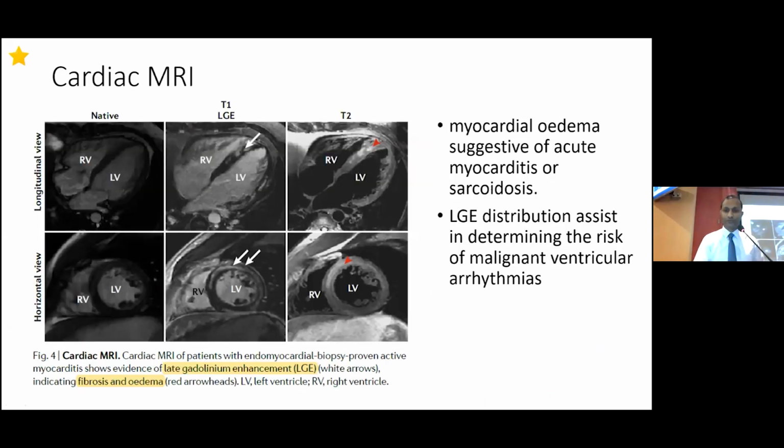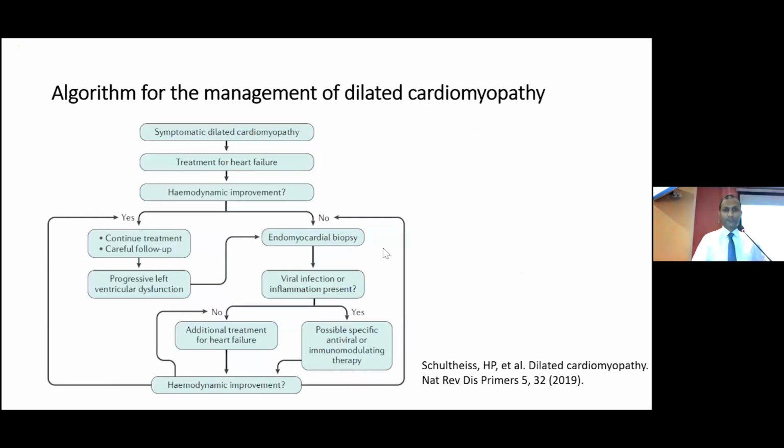Cardiac MRI is very crucial, but usually we do not have the facilities for each and every patient. If you suspect the patient has dilated cardiomyopathy, after treating for heart failure, if there's improvement, you just continue the treatment. But if there's no improvement, they should ideally have an endomyocardial biopsy, because there can be persistent inflammation or persistent infection going on, which can be treated with specific treatments.